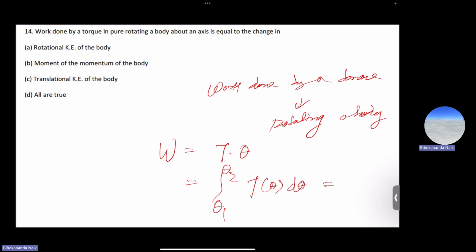This will be equal to half I omega square, which is the rotational kinetic energy of the body. So the work done by the torque in rotating a body about an axis is equal to the rotational kinetic energy of the body.